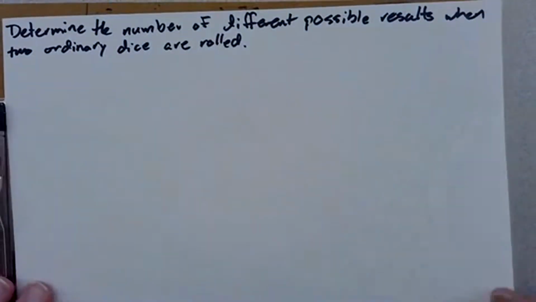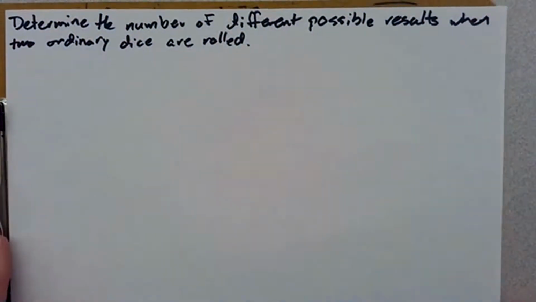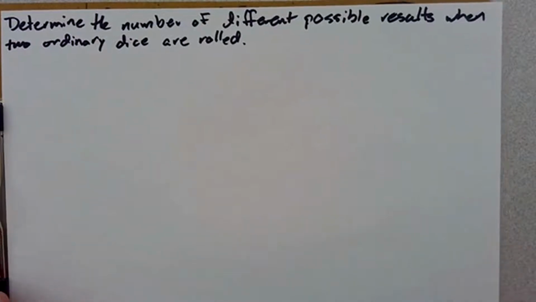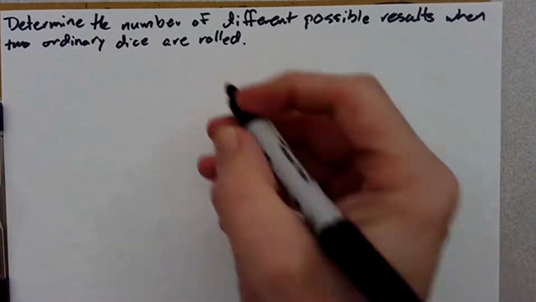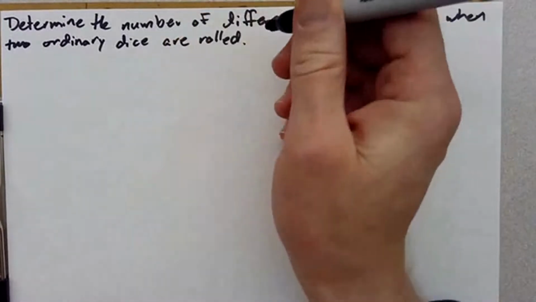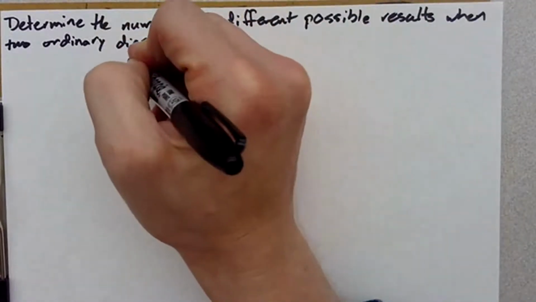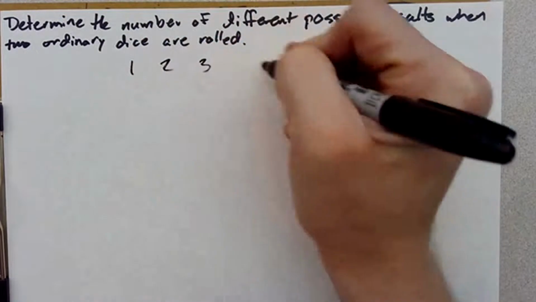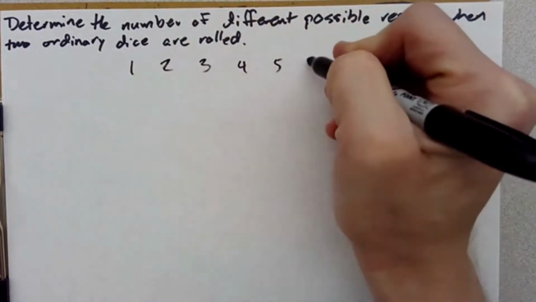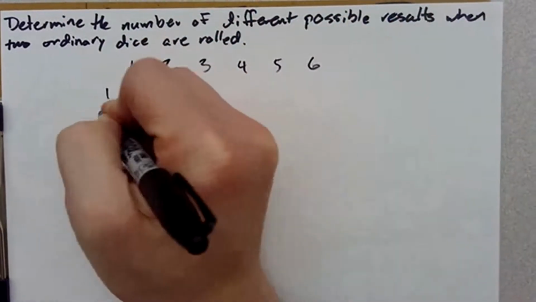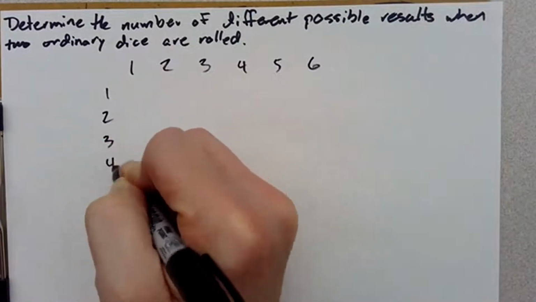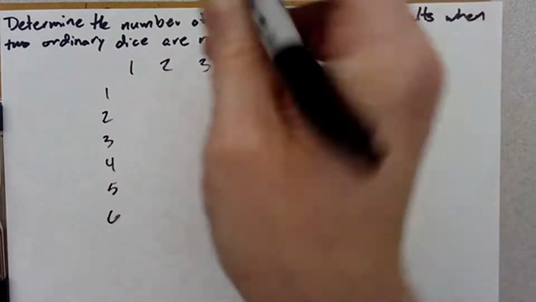Determine the number of different possible results when 2 ordinary dice are rolled. Well, we can roll 1, 2, 3, 4, 5, or 6 on the first die, and 1, 2, 3, 4, 5, or 6 on the second.